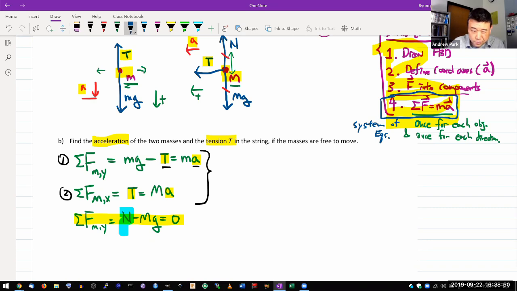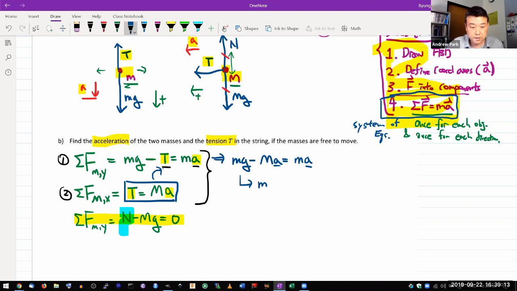I'll use a substitution. So this equation is already solved for tension. So I'll plug that into equation 1 to eliminate tension. Then I get mg minus big MA is equal to small ma. And now I should be able to solve for acceleration by collecting the like terms.